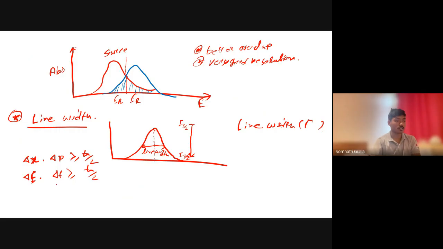So in the obvious case there is some value of delta t and some value of delta E. Here we can say delta t cannot be equal to 0.